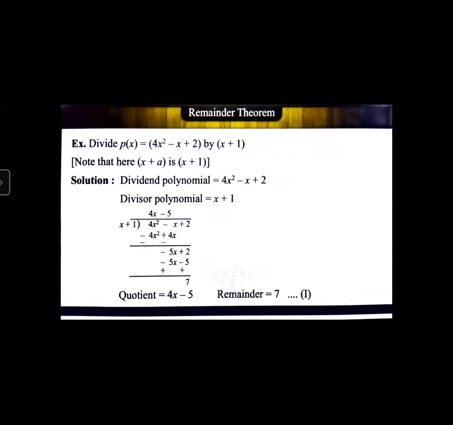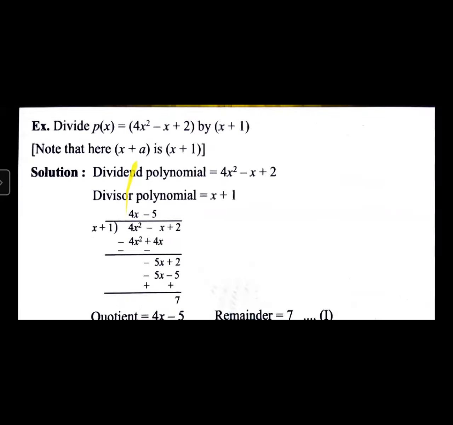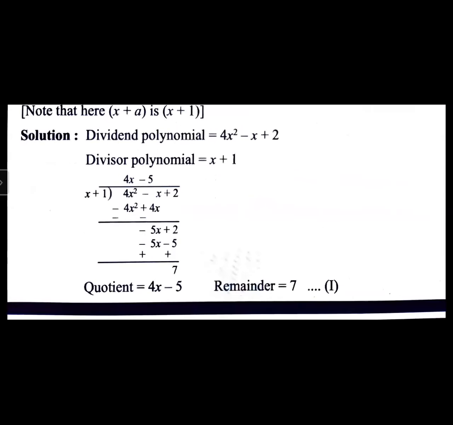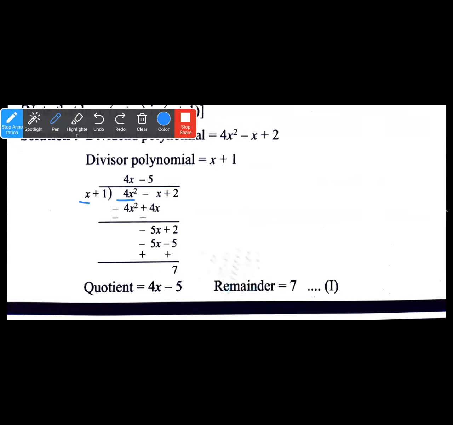So after dividing, as in our common method of division, as you all know, we have done in practice 3.2. Here we divided 4x square minus x plus 2 by x plus 1. 4x square is divided by x, you get 4x over here.